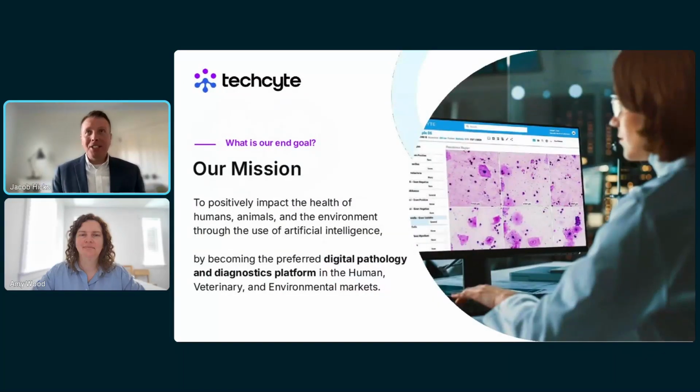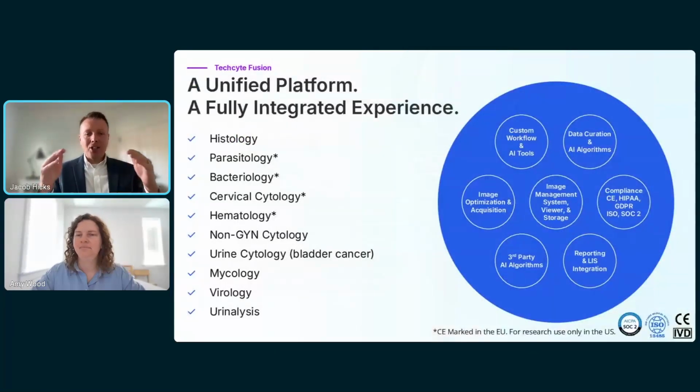Our mission in building this platform is to positively impact the health of those humans, animals, and the environment through the use of AI. We plan and are doing that by becoming the preferred digital pathology and diagnostics platform across each of these markets: human, veterinary, and environmental. A bit about this human side of our platform.